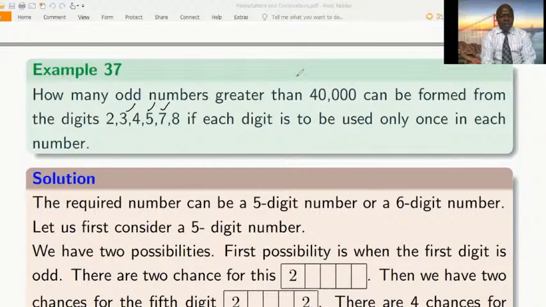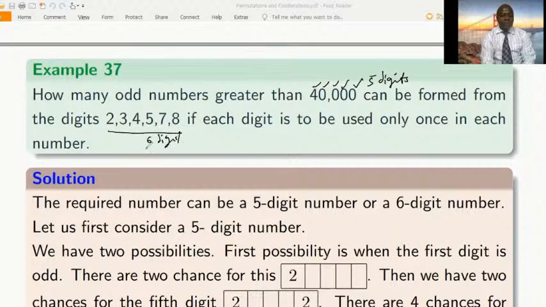But before that, let's count our digits. 40,000 has 1, 2, 3, 4, 5 digits. 40,000 has 5 digits. What about the digits given to us? 1, 2, 3, 4, 5, 6. These are 6 digits.